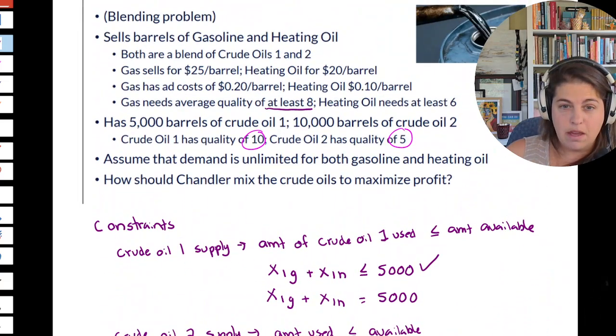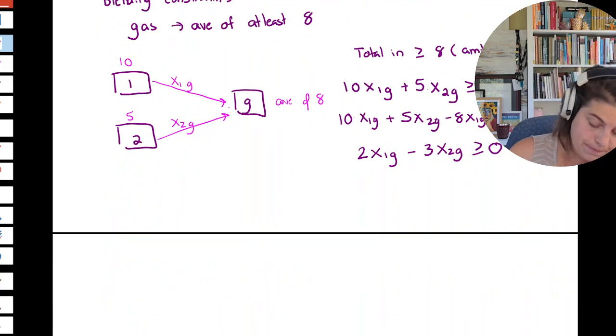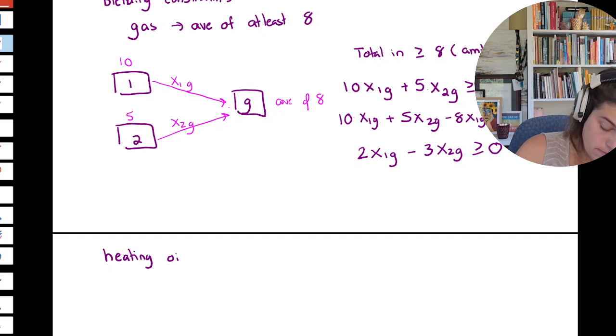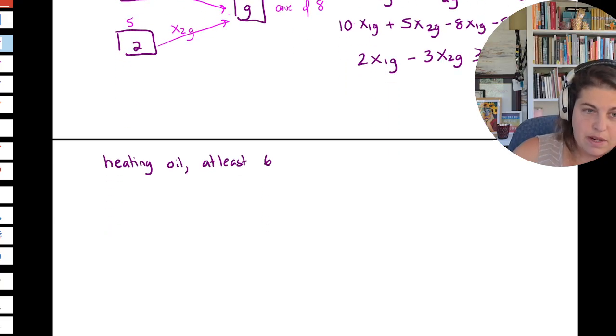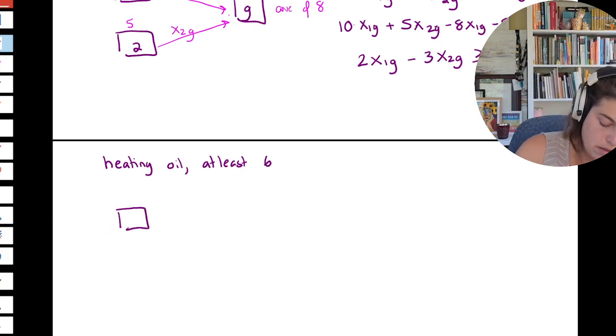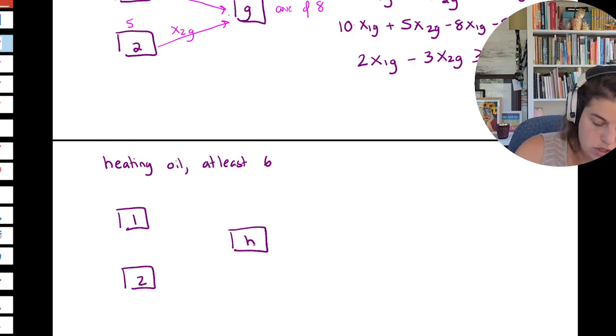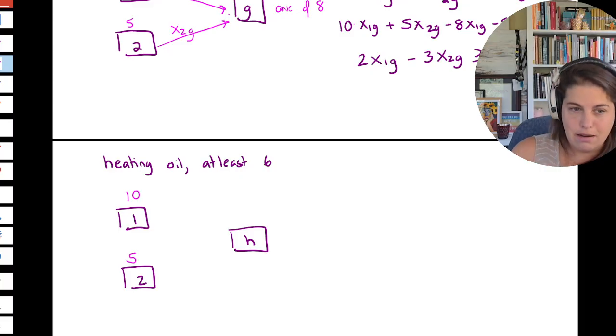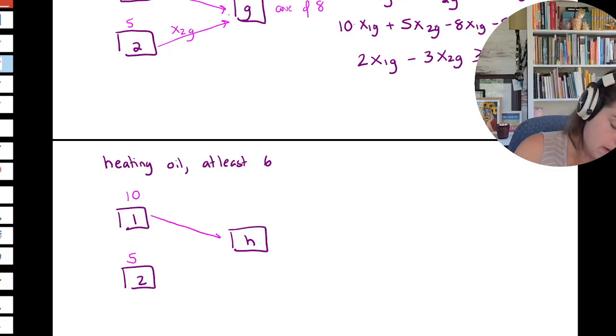Now we're going to do the same thing for heating oil, which needs to be at least 6. You don't have to draw out this picture on your exams or anything like that; I'm just trying to help you wrap your head around the fact that I've got quality ratings of 10 and 5. The amount that goes into heating oil for crude oil 1 is x1h.